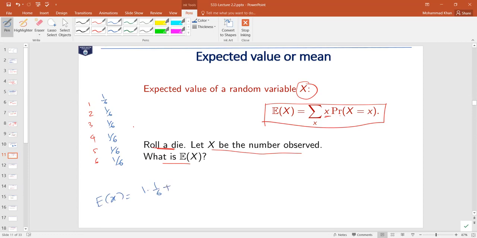So this is the value of the random variable times its probability, and so on. It will be basically (1 + 2 + ... + 6) divided by 6, which is 21/6, which is 3.5. So the expected value for this random variable x is 3.5.